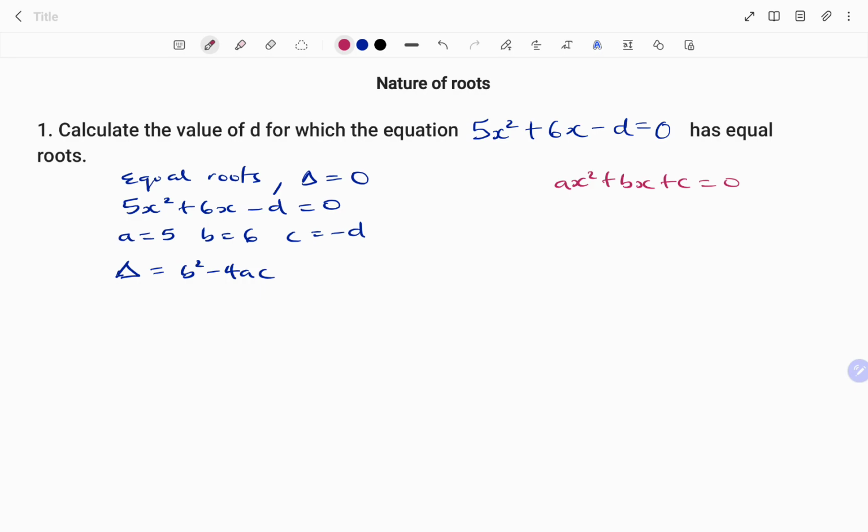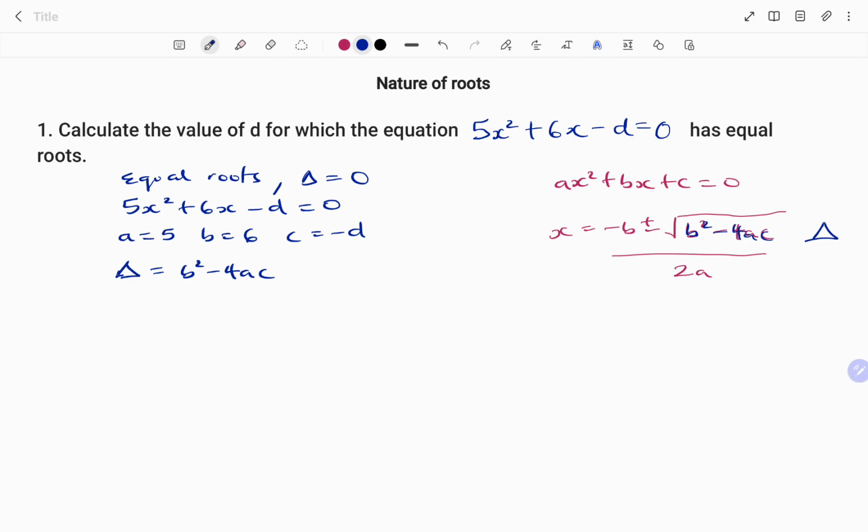It's the value under the root from our quadratic formula, x equals minus b plus or minus the square root of b squared minus 4ac, all over 2a. The value under the root, b squared minus 4ac, is our discriminant.